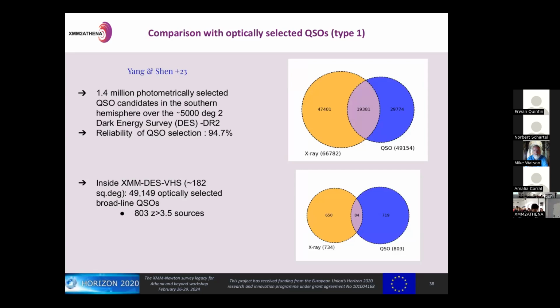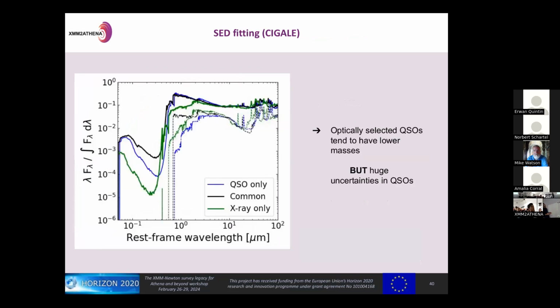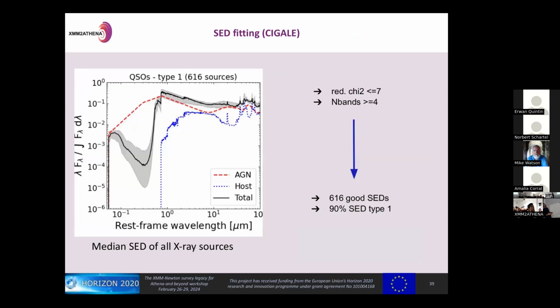So the idea was to compare these three samples: the common sources, the X-ray only selected, and the optically selected QSO only samples. Here, with SED fitting, is the median SED for the QSO sample, where you can see this trend in the optical UV part.